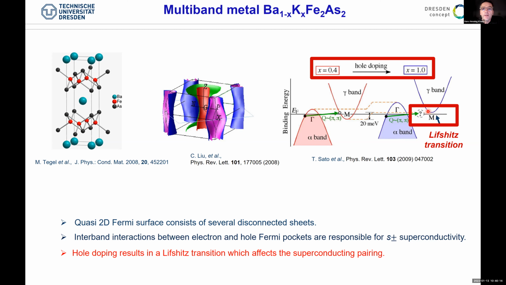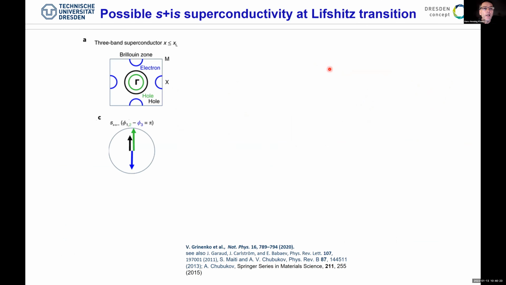And then, of course, you may have two different sorts of superconducting order. Let's look at that. So if we are at low doping, we have basically typical s plus minus order. So here we have our hole Fermi surface in the center and our electron Fermi surface at the M point, X point in this representation.